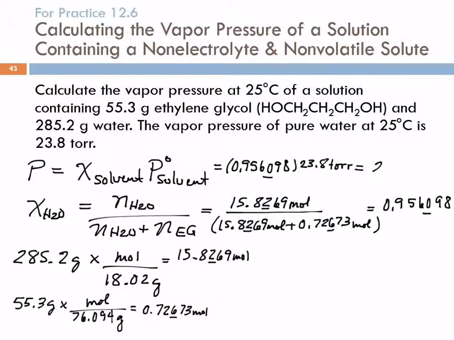So the vapor pressure of this solution is 22.8 torr, which should have three significant figures. The vapor pressure of the water is lower because there's ethylene glycol in it. Any questions?